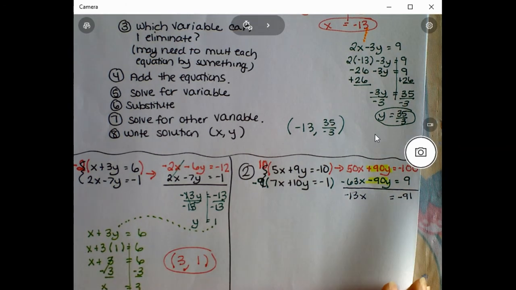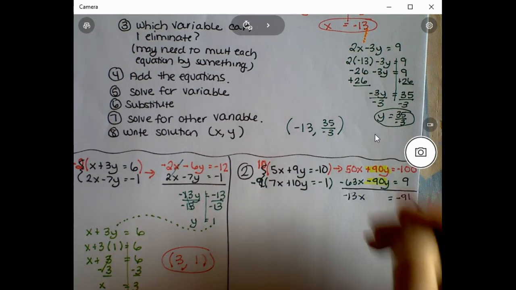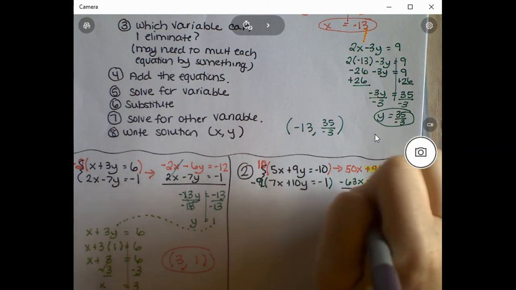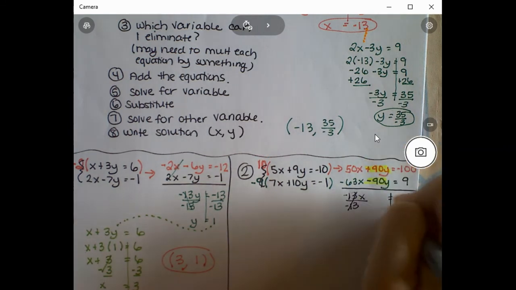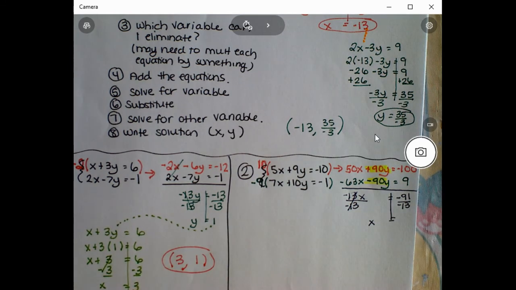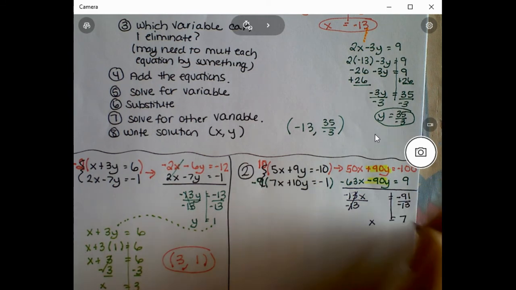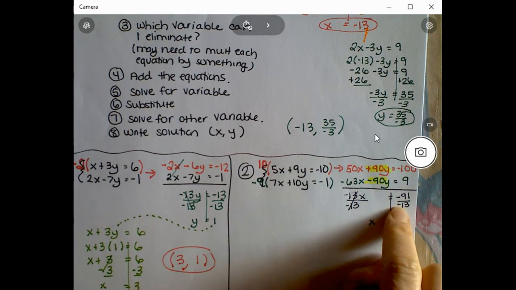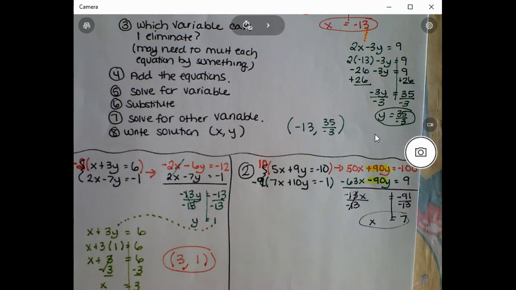All right, we have x, so we're going to get x alone by dividing by negative 13 on both sides. And I feel like this might be 8, but I'm going to check it just to be sure. 91 divided by 13. Oops, 7. I was wrong. So x equals positive 7 because these are both negative. So now we know x.